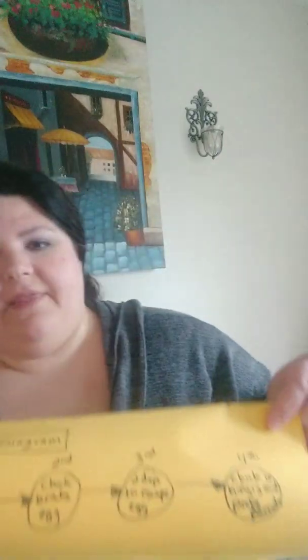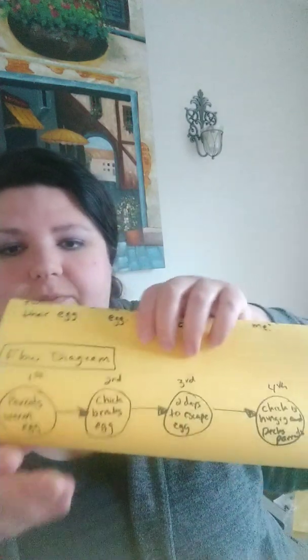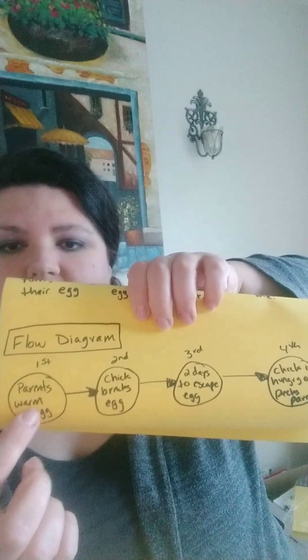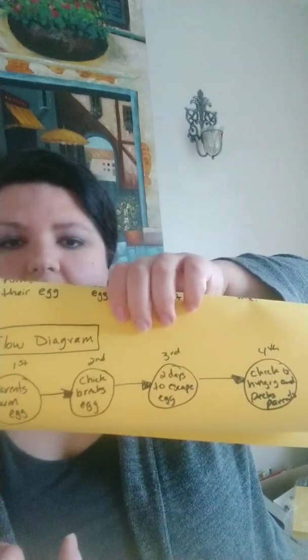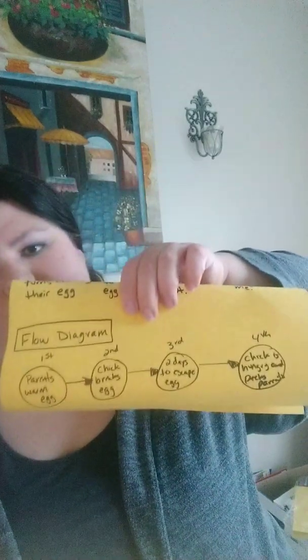Remember? Flow diagram. And that's this one. The flow diagram. That's where you make your circles, and then you would write your info in the circle, draw your arrow over, write your info, draw it over, and it's showing the flow, okay? Just like a timeline, just a different structure.